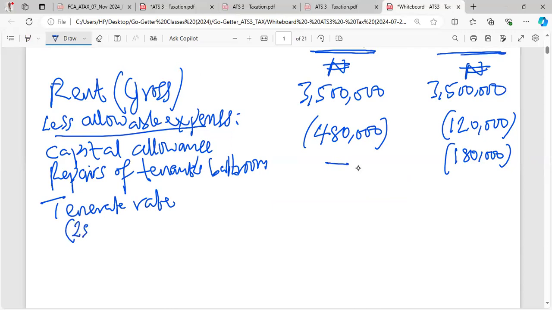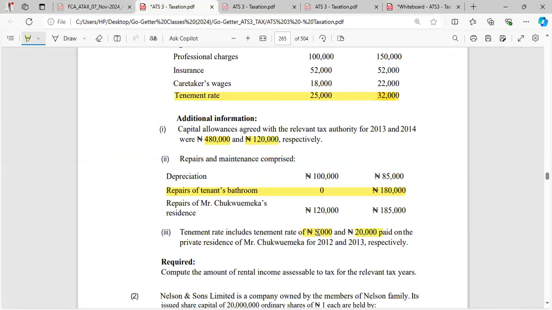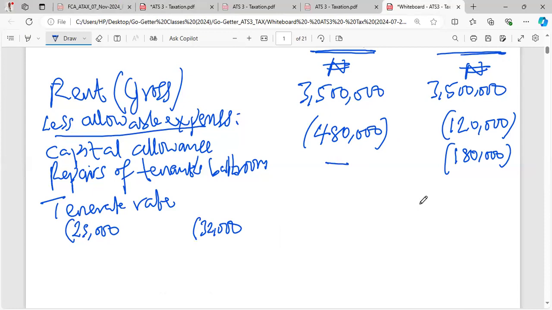We have 25,000. Let me open another one here. We have 32,000. Now, among these that were paid, this is the one that is not allowed. 5,000 is not allowed because it relates to the private residence. Just like this 120 and 185, we are not allowed. So this 5,000, this 20,000 are not allowed.